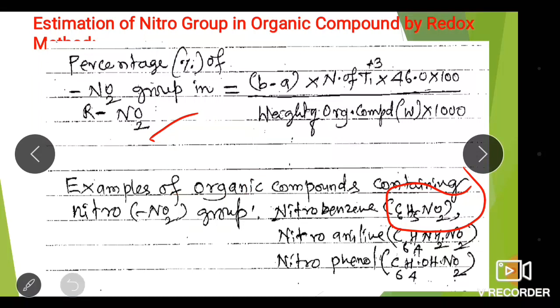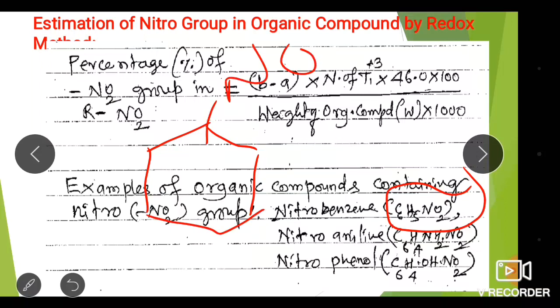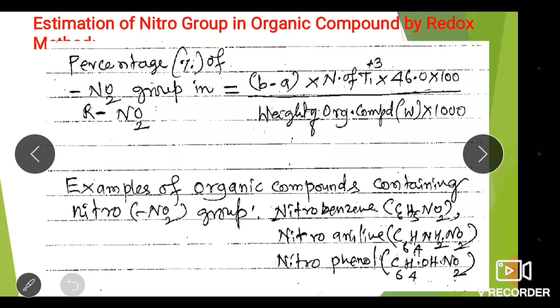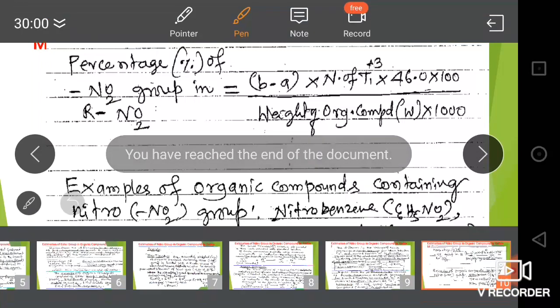So this is nitrobenzene, and another one is nitroaniline, that is para, meta and ortho nitroaniline. The next one is nitrophenol. So all these are organic compounds containing nitro groups.